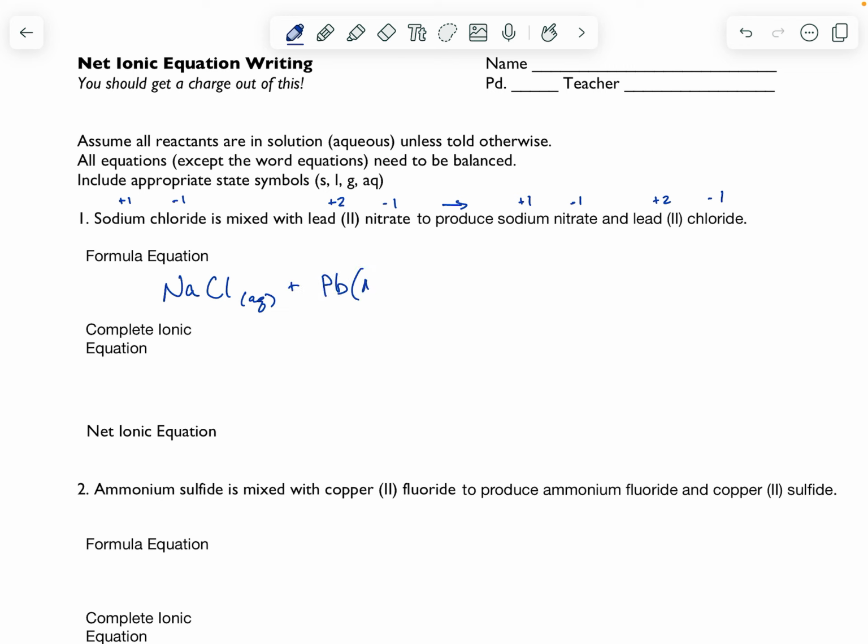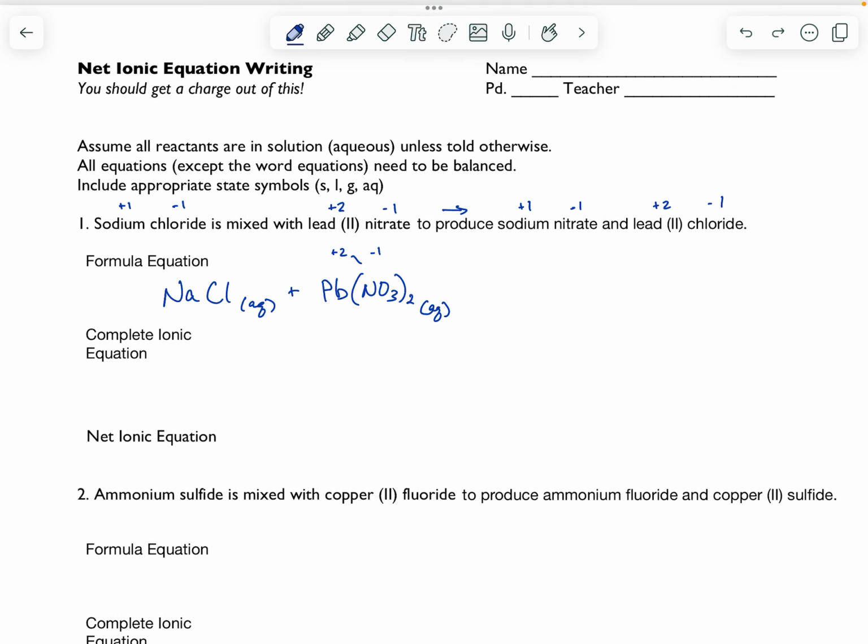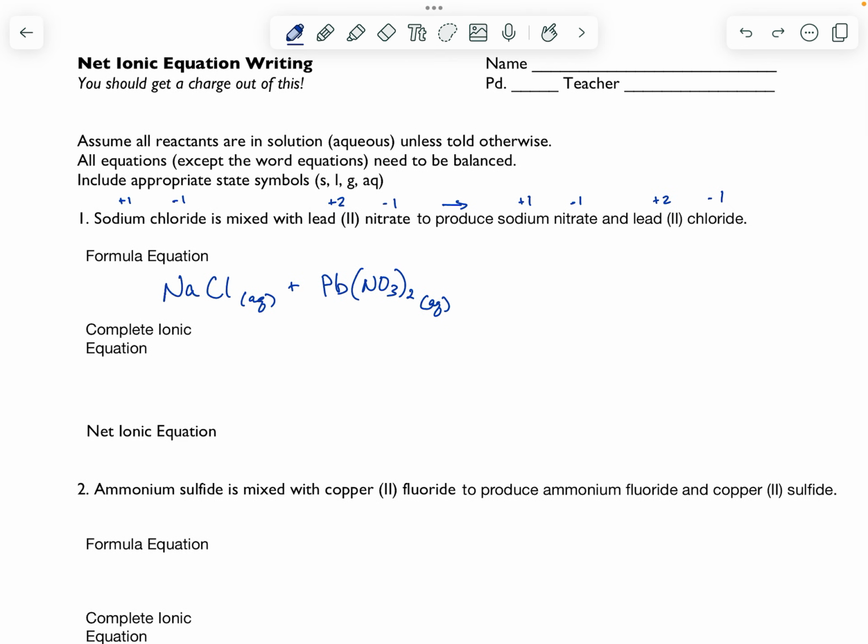Pb(NO3)2 is aqueous. I know that this is the formula because remember, lead is a +2, nitrate's a -1, and I crisscross those charges to then get the correct formula. You need the correct formula to have the right amount of ions to cancel out. And then we have our sodium nitrate, NaNO3, plus lead chloride. This is going to be PbCl2 based on the charges.